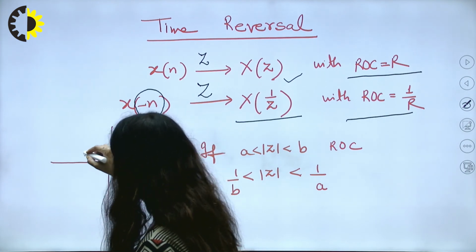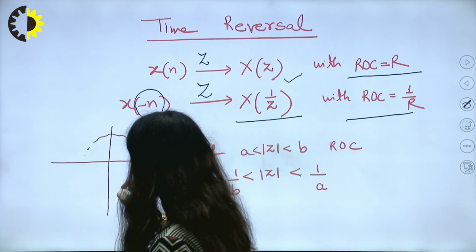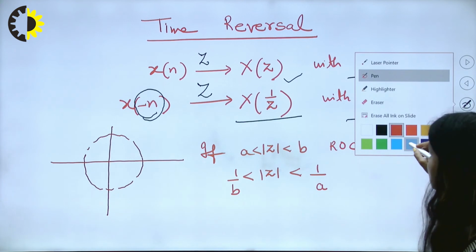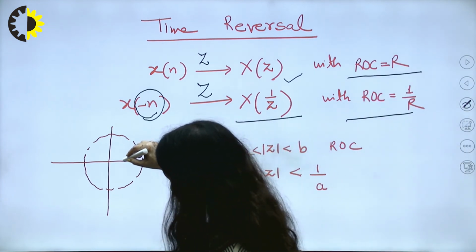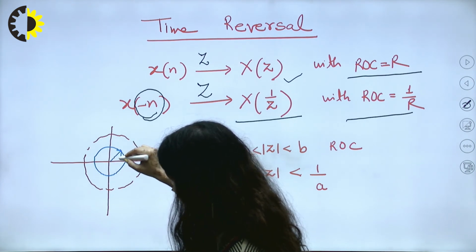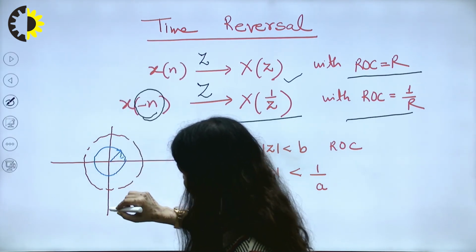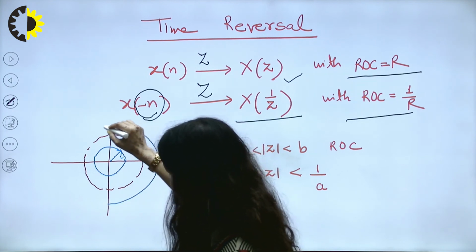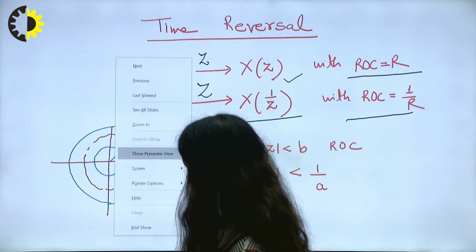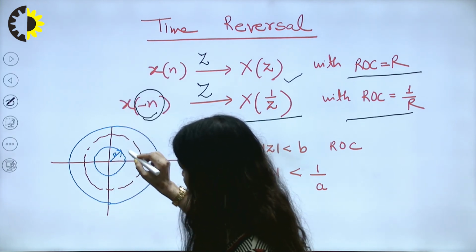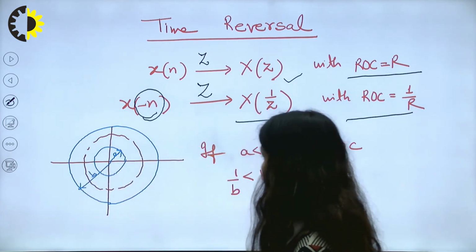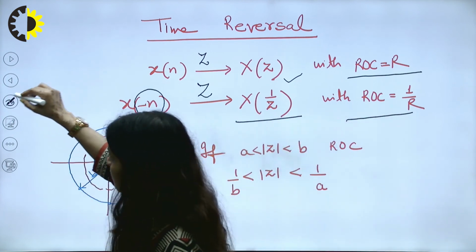this is some unit circle. This is A, and this is B radius, and this is the ROC.